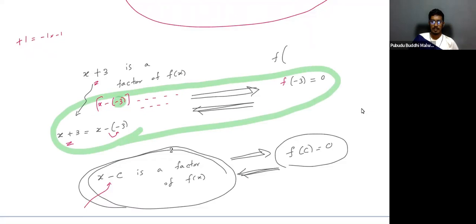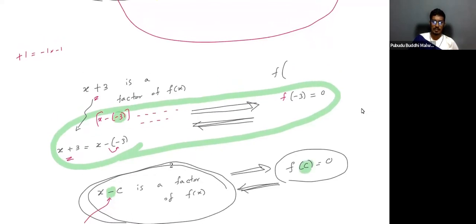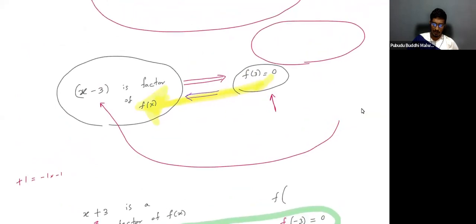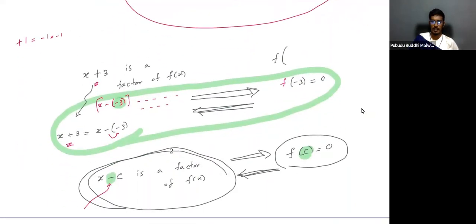That's the idea. Always create that minus sign. Very important. So for x minus 3, we previously wrote 3 here and 3 here. But for plus 3, you should change that slightly.